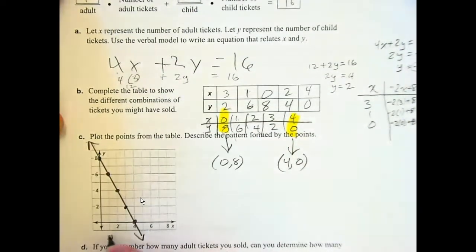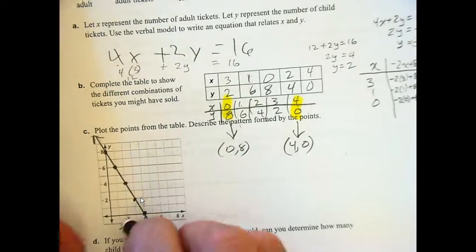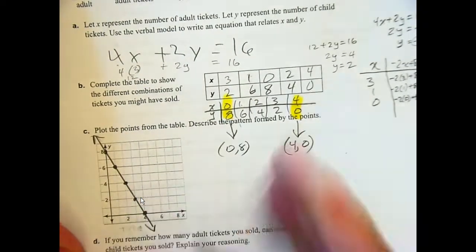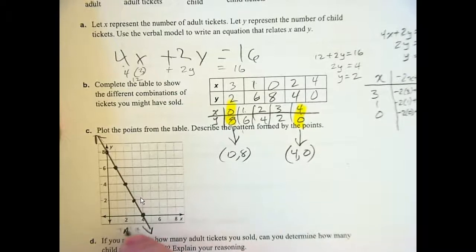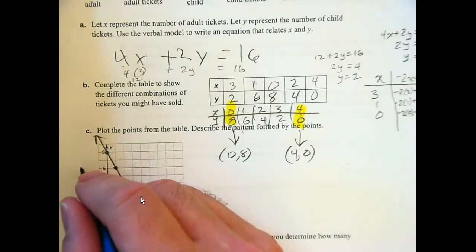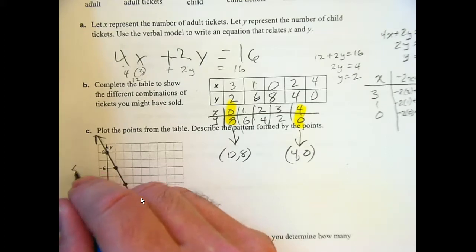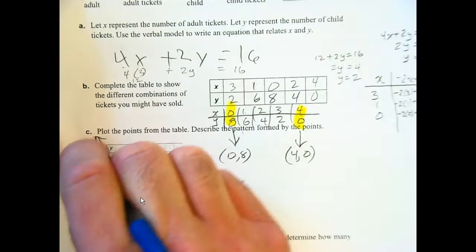Okay. This is a ticket. That represents tickets. By the way, what type of tickets? Adult tickets. Okay, this is what? Children tickets. Student tickets or child tickets.